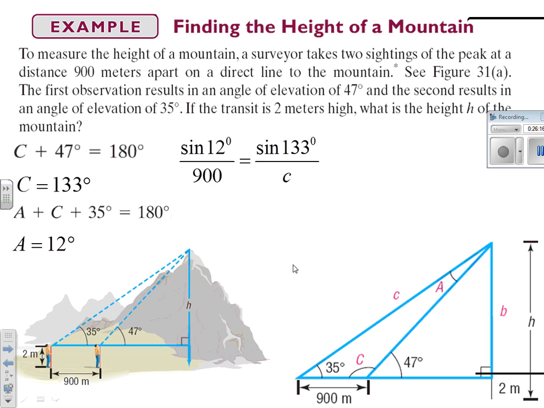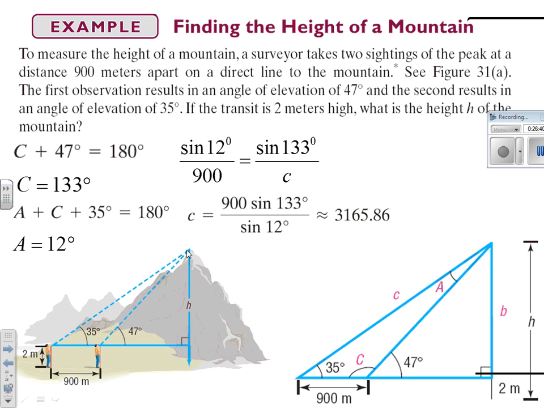Now we can use the law of sines, because we know sine of 12 over 900 equals sine of 133 over C. Cross multiply and divide by sine of 12, and we get 3,165.86.